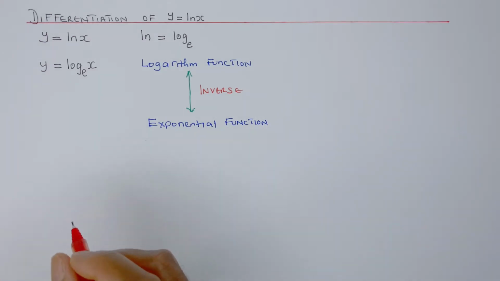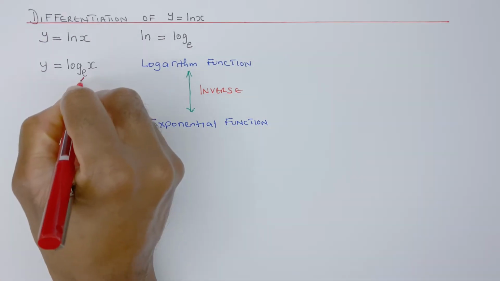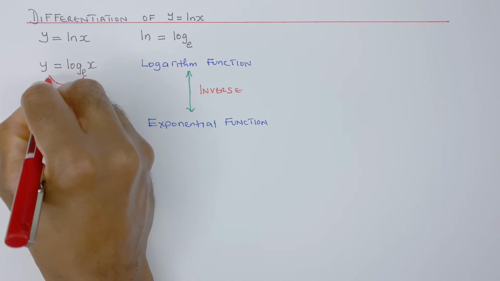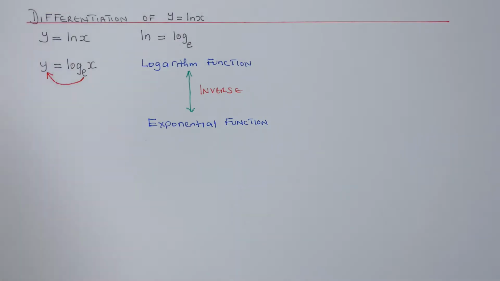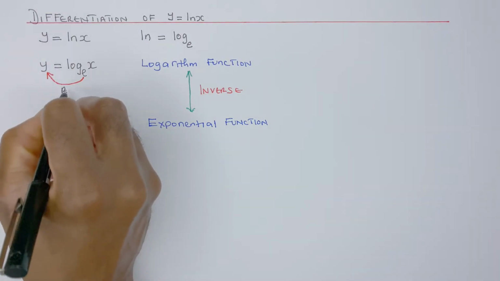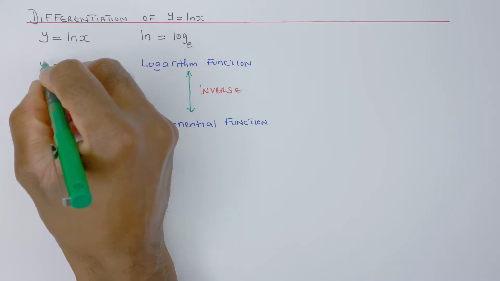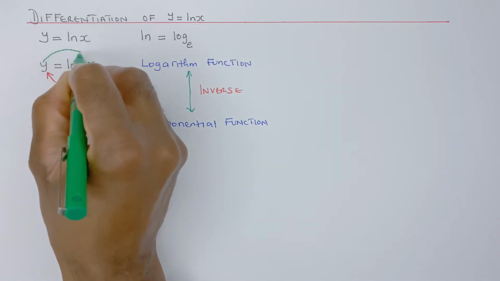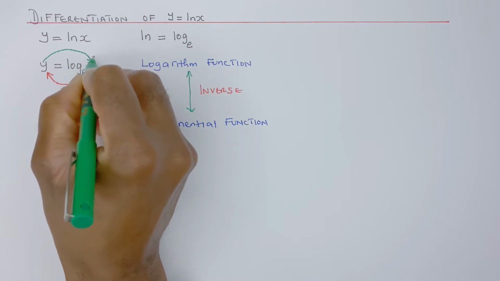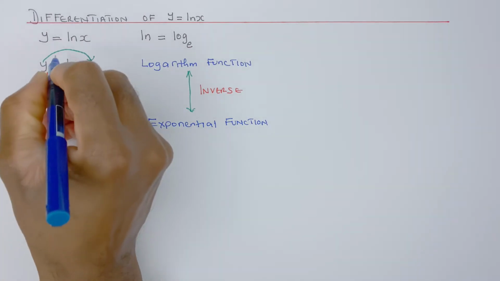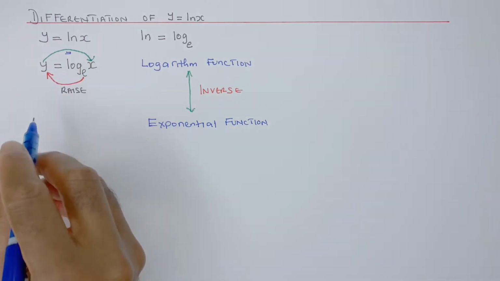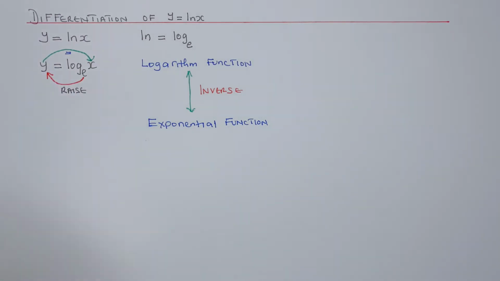So the way it works, you raise e to the power of y, and then the answer will be equal to x in this case. So that's the relationship. That's how you convert logarithm to exponential.